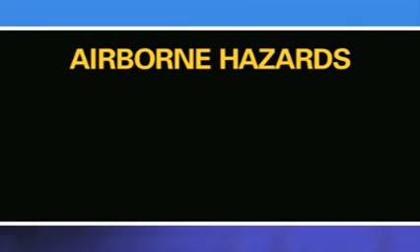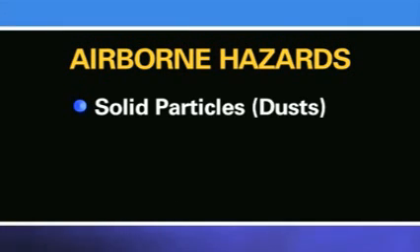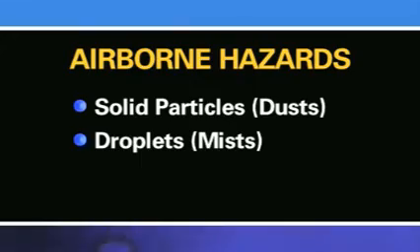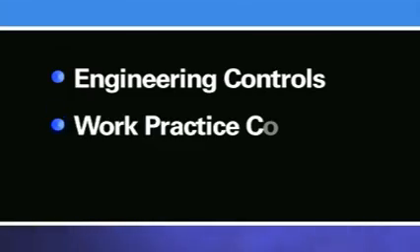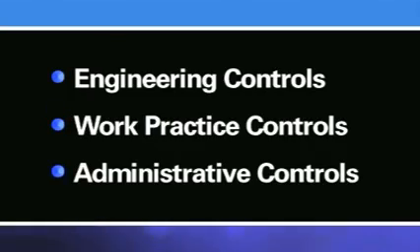Airborne hazards may be solid particles like dusts, droplets like mists, or gases. When such hazards are present in your workplace, your employer must control them in several ways, including engineering controls, work practice controls, and administrative controls.